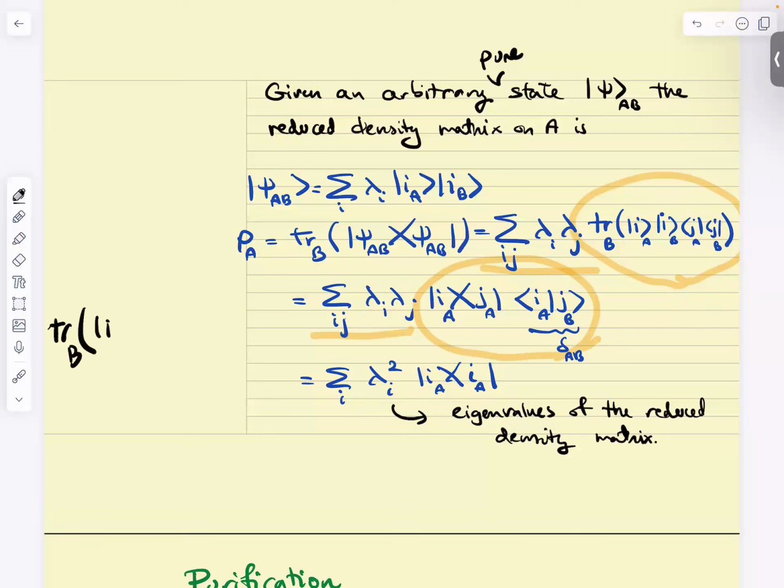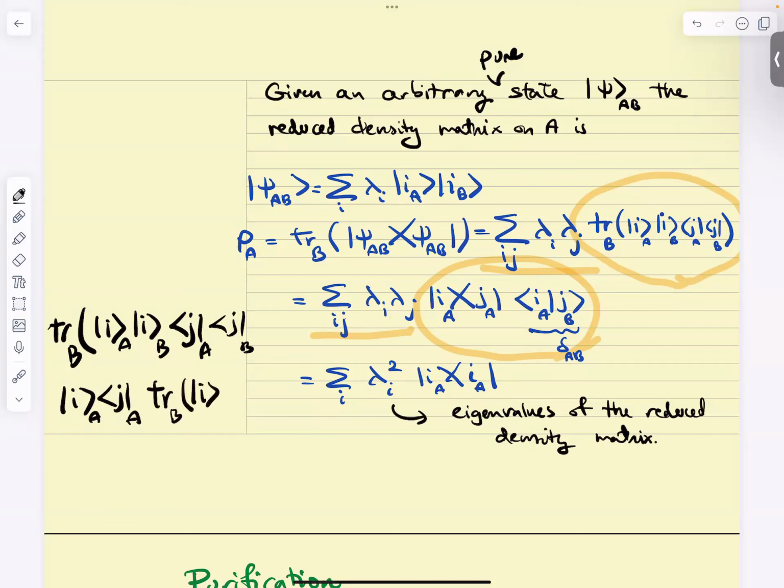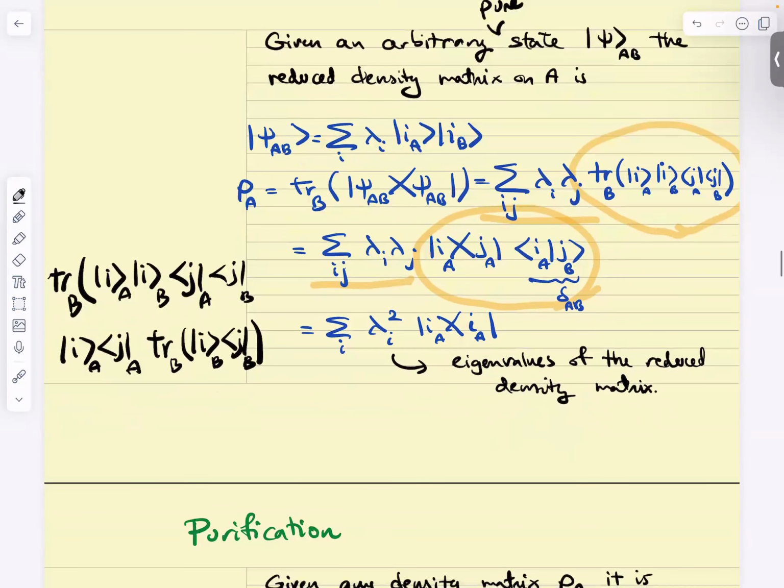Trace over B of B_I A_I B_J A_J B. There's a label B here, which says it does not act on the A guys, so the A guys come out. Now what you're left with is multiplied by the trace over B of B_I B_J. What is that? That just is B_I B_J.